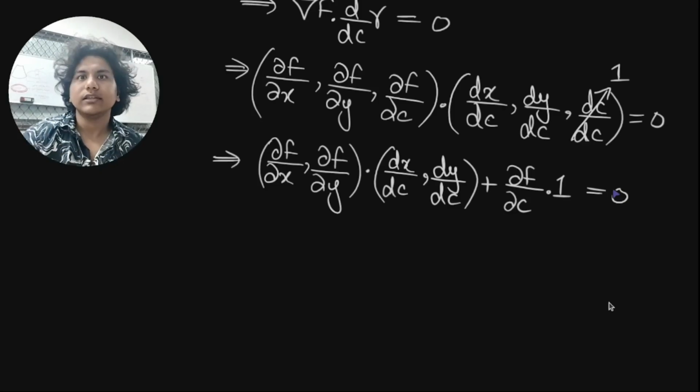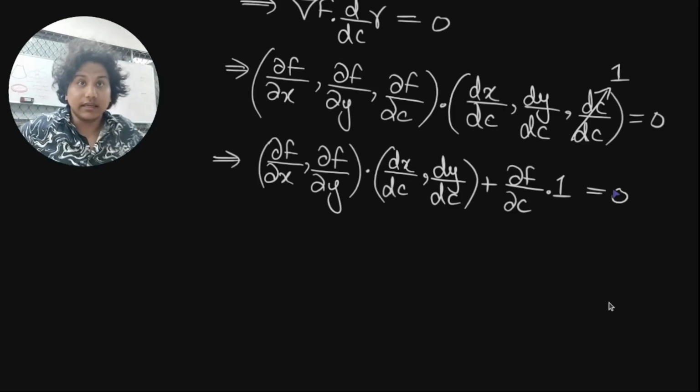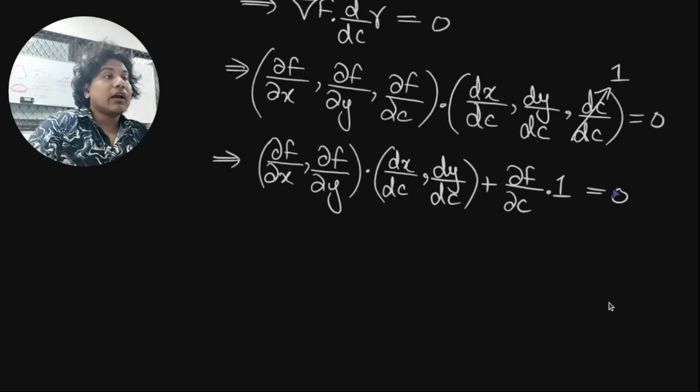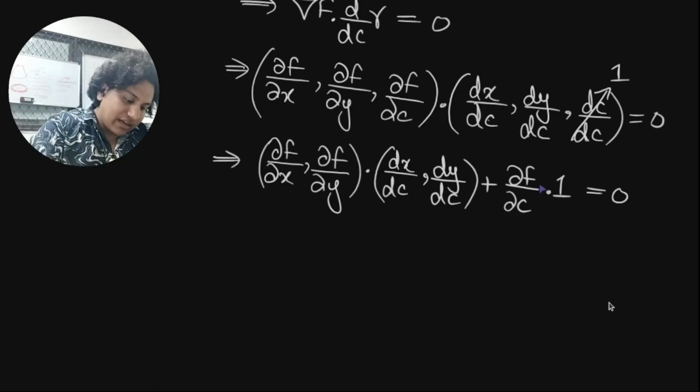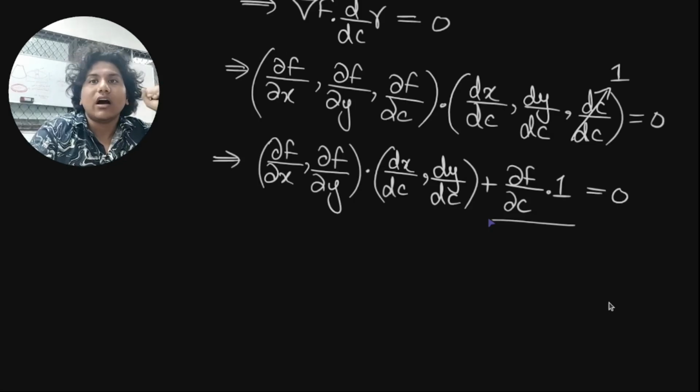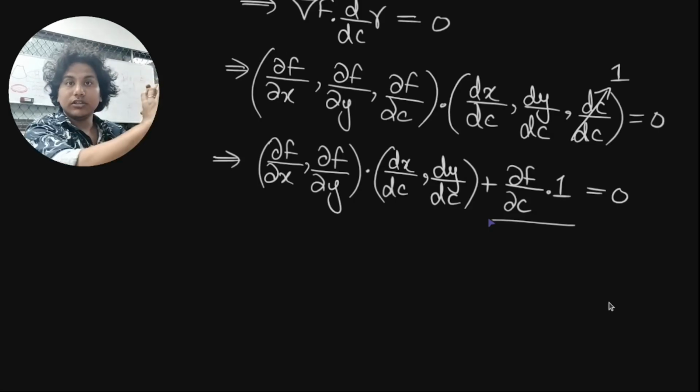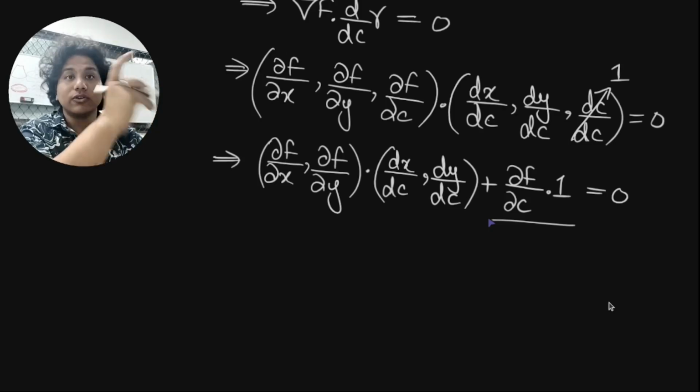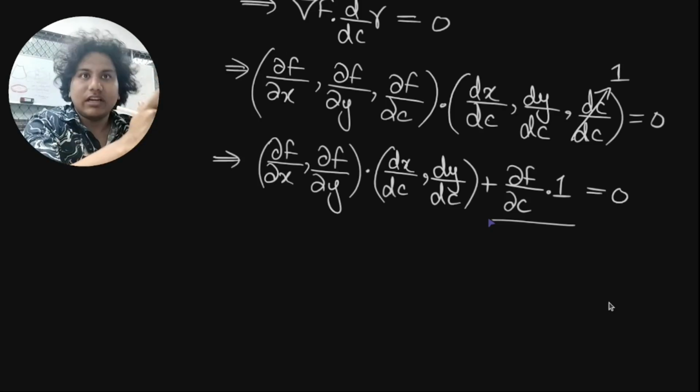But why I did it this way is to show why this is true. What we want is our ∂f/∂c term to be equal to 0. How do we achieve that? That'll only be true if this whole term on our left is also 0. Now, why would that be 0 is a pertinent question.